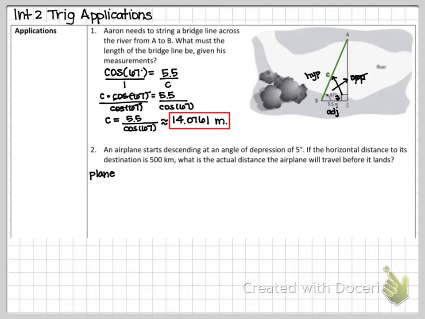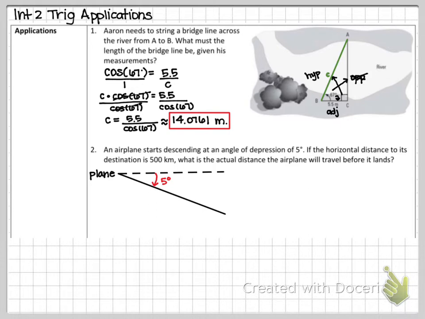From the plane, we have the line of sight straight out. That's going to be our line of sight. Let's make that a little bit of a dashed line. We know that there is an angle of depression of 5 degrees. So from the line of sight down, that's going to be a 5-degree angle.